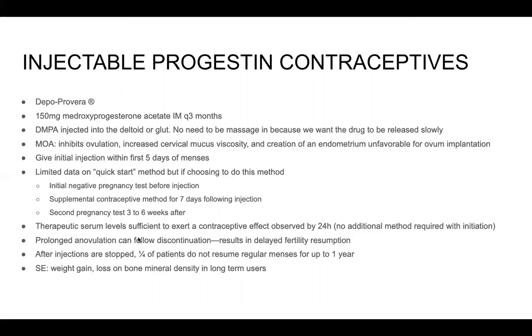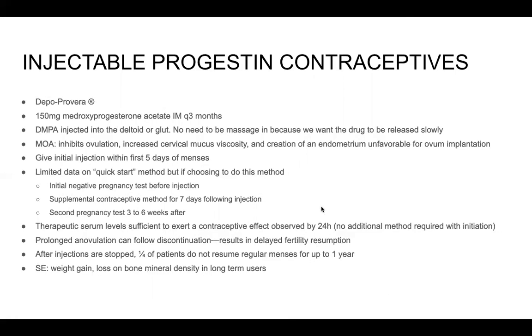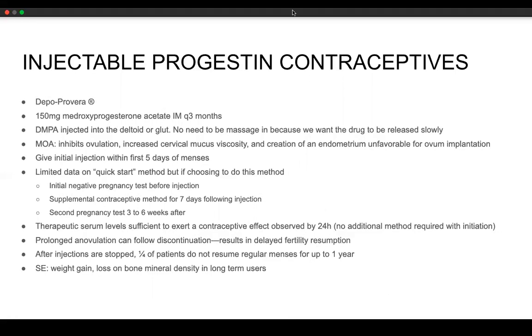There are some more basics down here, but again, it's helpful in patients that can't get estrogen, that maybe won't be as compliant, because all they have to do is come back to the clinic every 3 months instead of taking a pill every day or switching a patch every week.